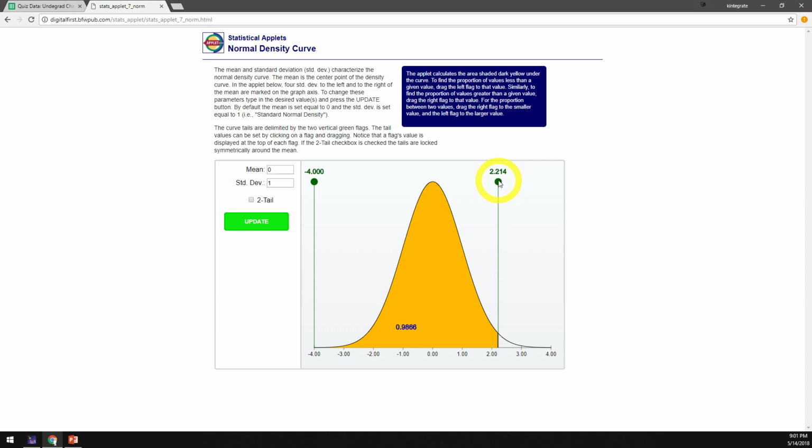That's about as close as we can get. So about 98 or 99 percent, if we round, of individuals fall below 2.26 standard deviations above the mean.